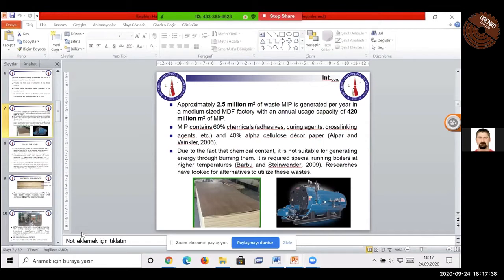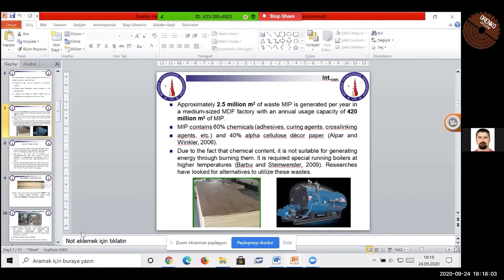This waste contains 60% chemicals such as adhesive, curing agents and cross-linking agents, and 40% alpha cellulose decor paper. Due to that chemical content, it's not suitable for generating energy by burning. It requires special burning boilers at high temperatures.